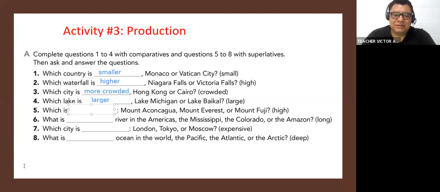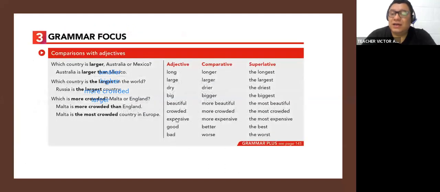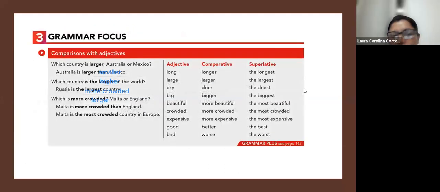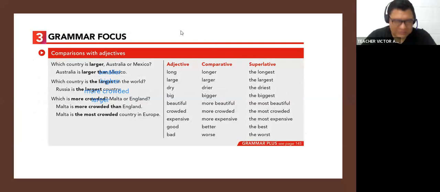Any idea? Okay, maybe this was a confusion. I will explain this. Yes, Laura? Highest, with EST. That's correct, EST. I will explain this very quickly, guys. I was probably assuming that you previously studied this, but I will explain it again.